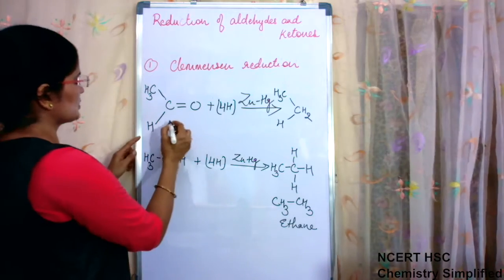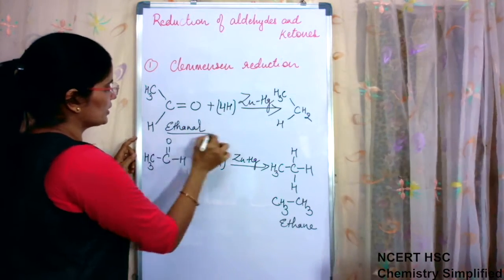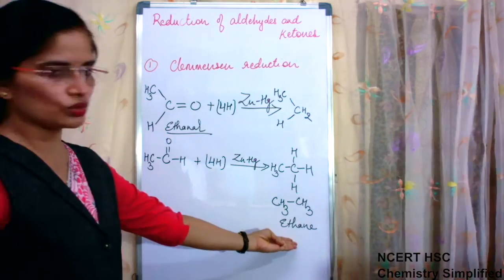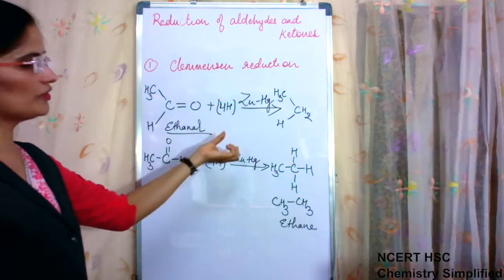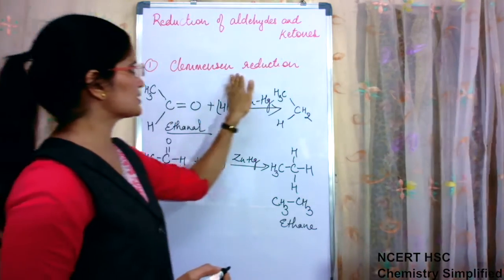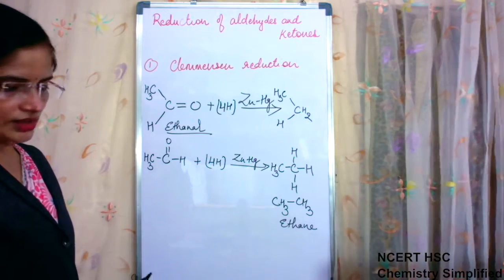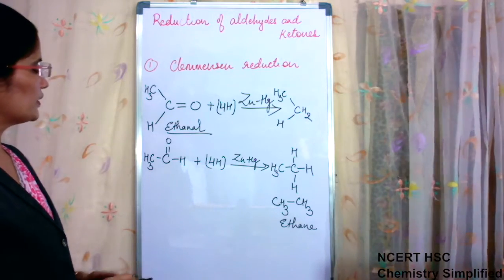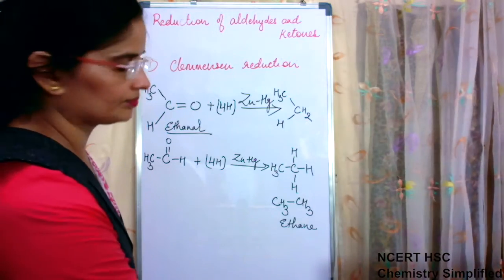That means this was ethanal. So the aldehyde is reduced to ethane by using zinc amalgam, and the name given to this reaction is Clemmensen reduction. This is one of the ways to convert aldehydes or ketones to alkanes.